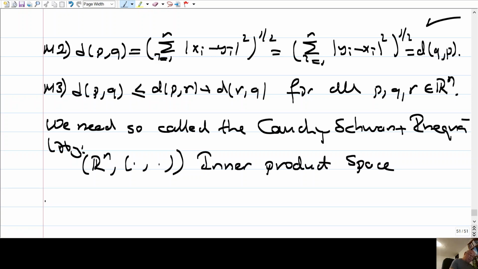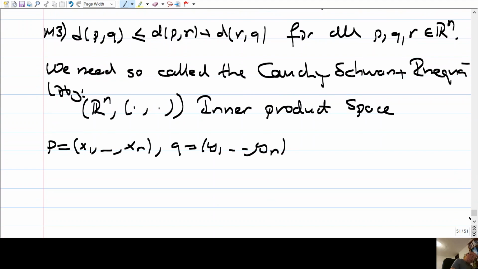For any two vectors, now I will consider these as vectors, the inner product of P and Q is defined to be the sum of the products of the components, i from 1 up to n.